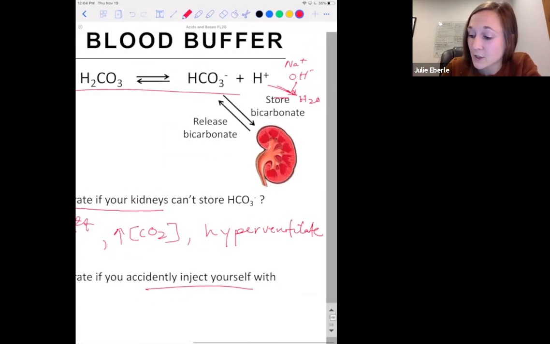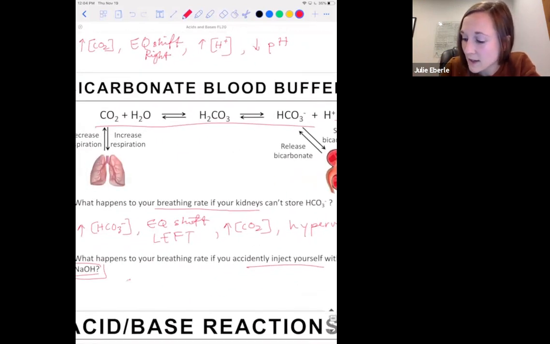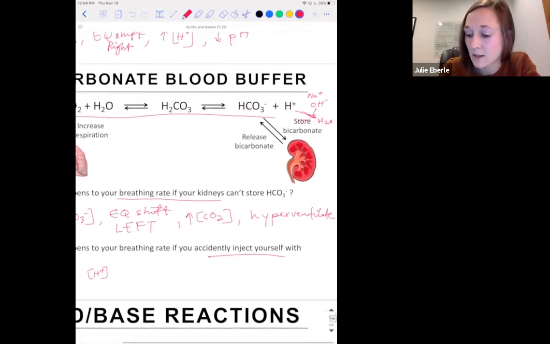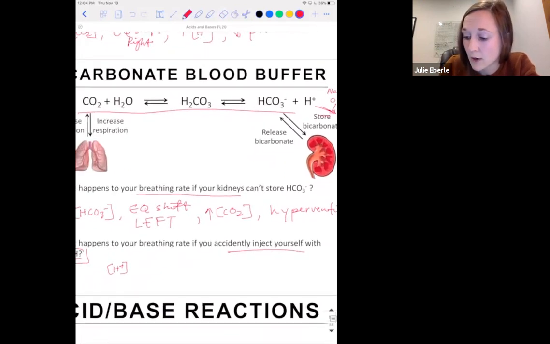So if we inject ourselves with NaOH, what's going to happen to the concentration of H+ in our blood? It is going to zoom over to OH minus and bind up with it to be neutralized, make water. We're going to lose it in our blood. Decrease the amount of that.